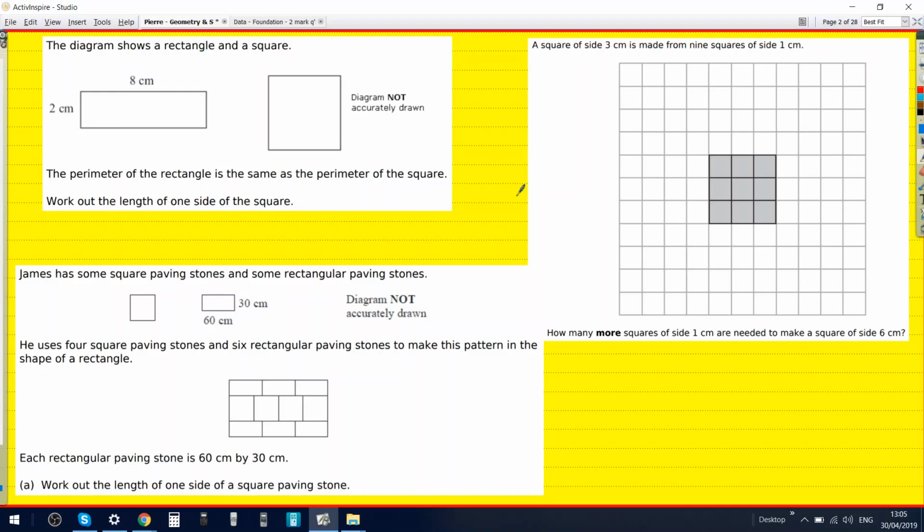So, basically for the rectangle, it'll be 8 plus 8, and then 2 plus 2, so that's 16. Plus 4 is 20.